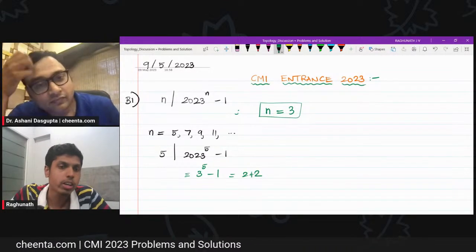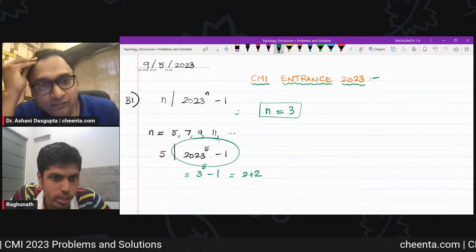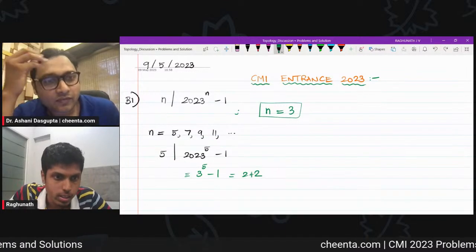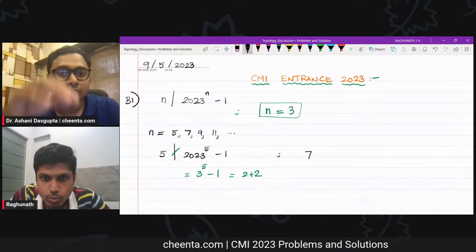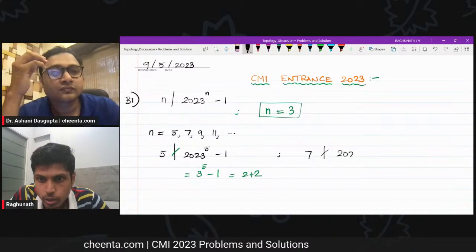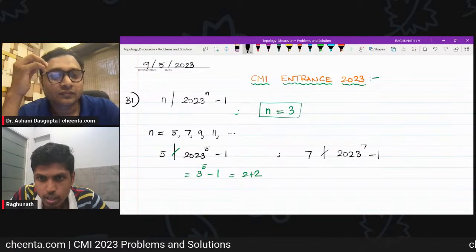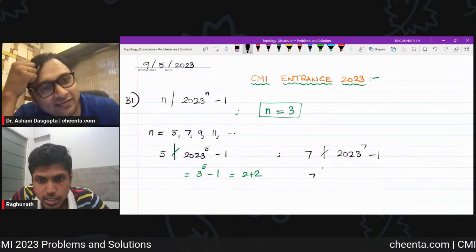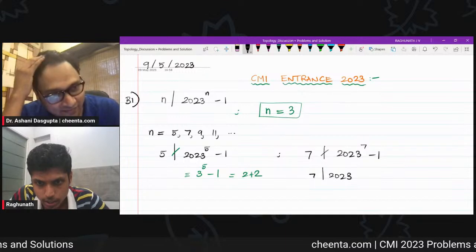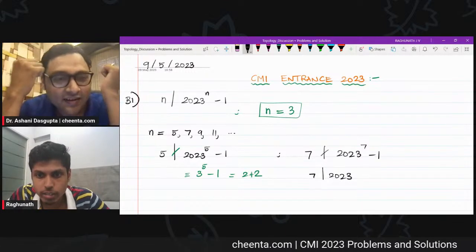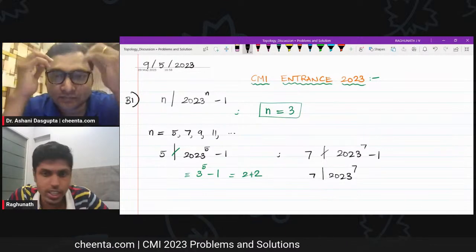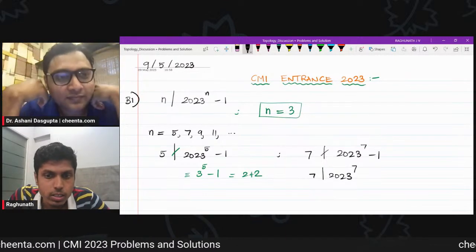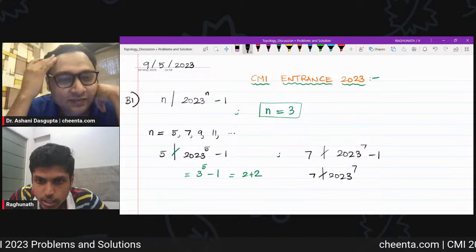But 5 will not divide 242. 7 is very easy to prove. 7 will not divide 2023 power 7 minus 1, because 7 itself divides 2023, and consecutive numbers do not share any common factor except 1. So 7 will not divide this.